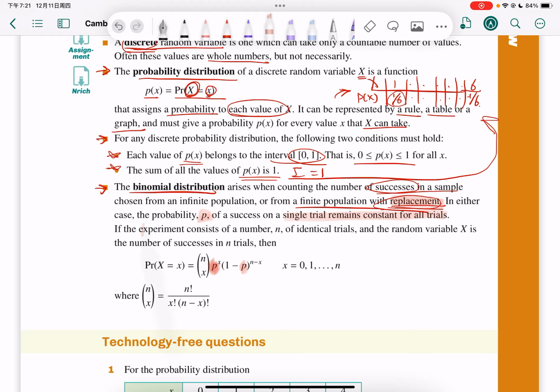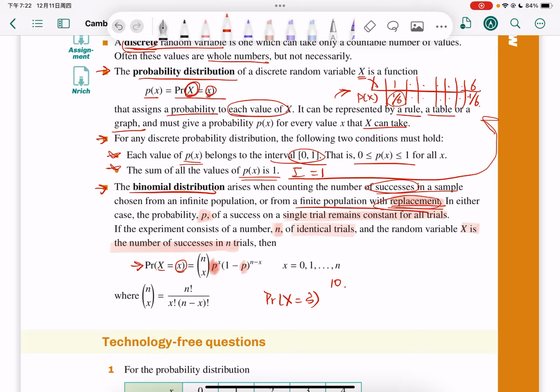If the experiment consists of a number n of identical trials, and the random variable x is the number of successes in the n trials, then we have the probability when x is equal to, for example, if we have a total of 10 pens, and we get a blue pen, the random variable equal to, let's say, 3.